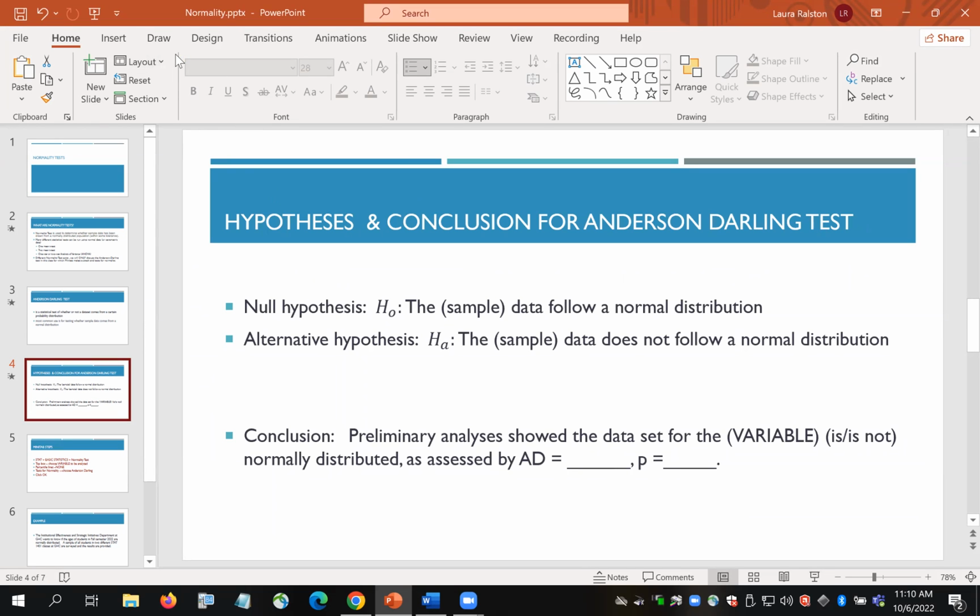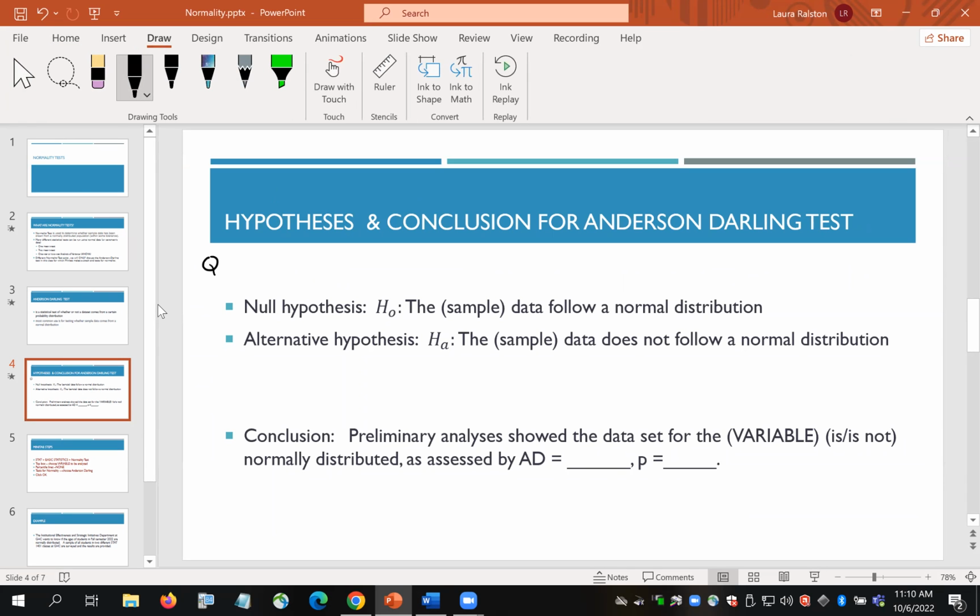Your research question, so to speak, would be: does the sample data come from, or was it selected from, a normal distribution? In other words, was the population that we used normally distributed?